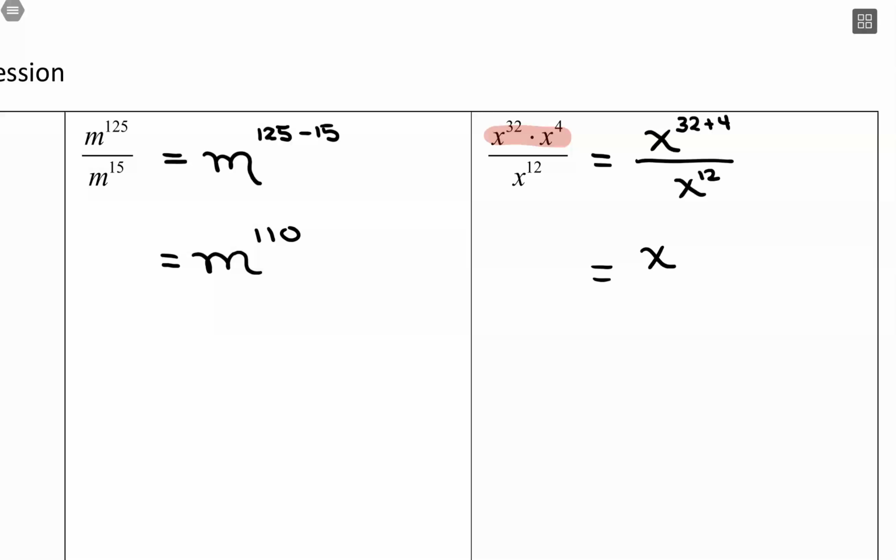So in the numerator, we have x to the 36th power over x to the 12th. And that calculation will then use the quotient rule. So we'll have x and then 36 minus 12, which would give us a final exponent of 24 for our value of x. So that's our product and quotient rule for working with exponents.